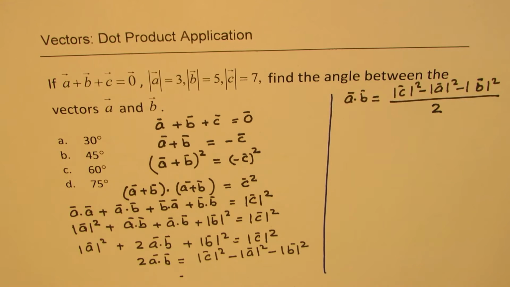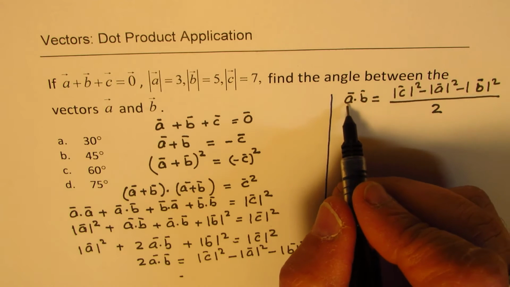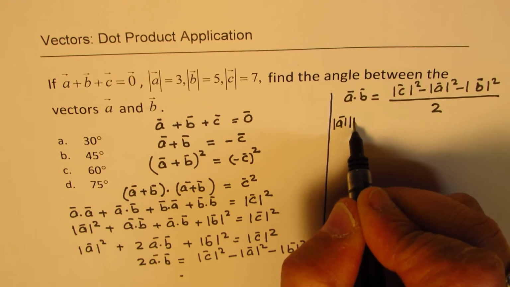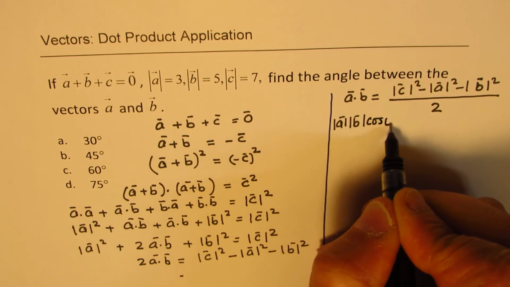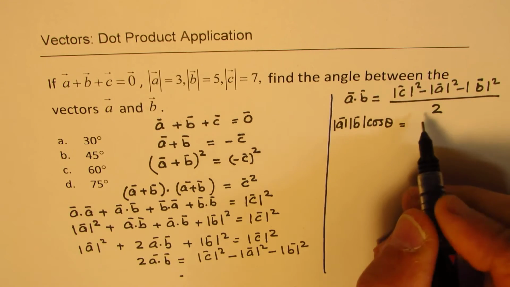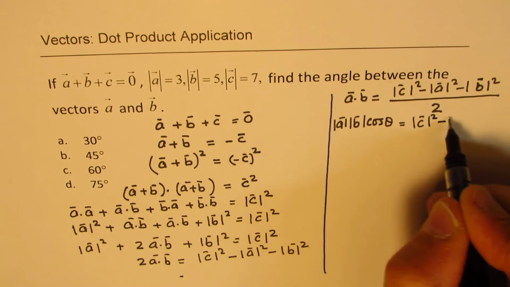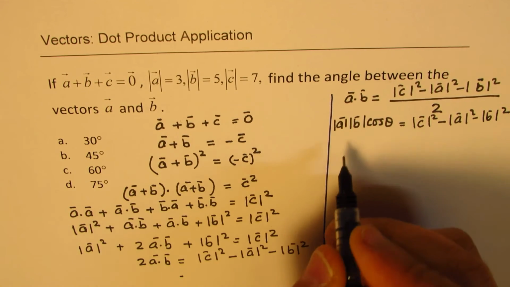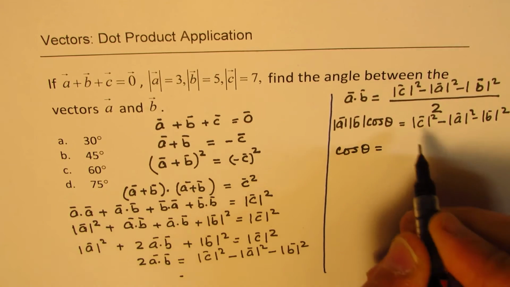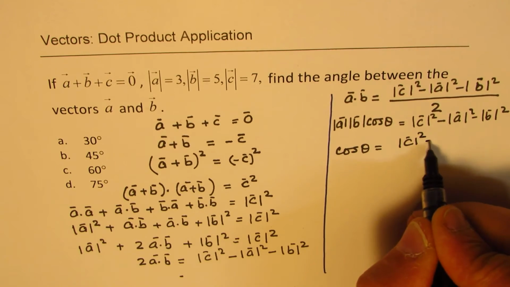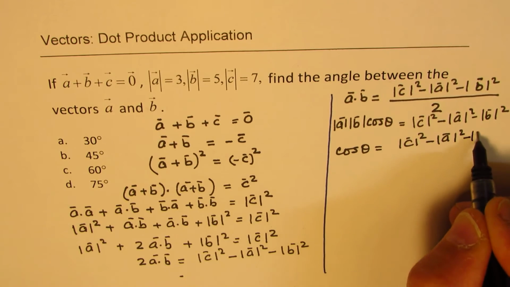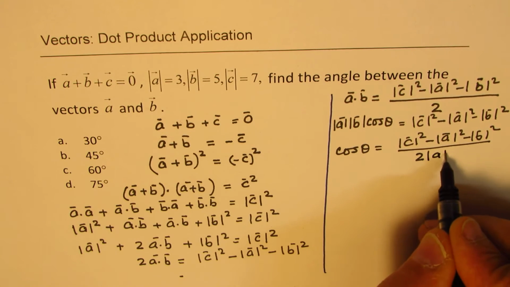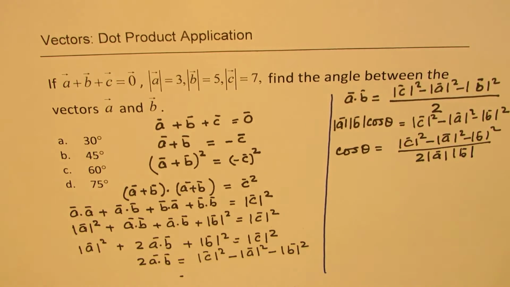Now what is a dot b? Well, a dot b is the magnitude of a times the magnitude of b times cosine theta, right? So this is equal to all this. Perfect. So from here we can isolate cos theta. So cos theta is basically equal to the magnitude of c square minus that of a square and b square, divided by 2 times the magnitude of a and the magnitude of b. Correct?